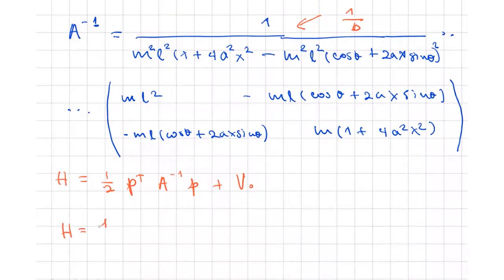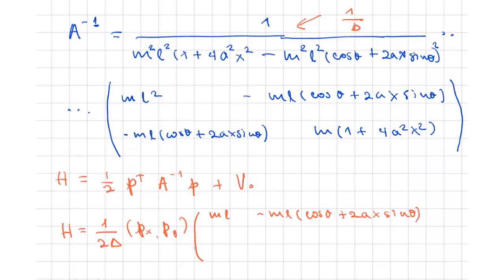So we get 1 over 2 delta multiplying the transpose of the vector, in this case px p theta, multiplying the matrix, in this case we know the matrix is m L, the inverse, minus m L cosine of theta plus 2ax sine of theta, and here is m 1 plus 4a square x square.